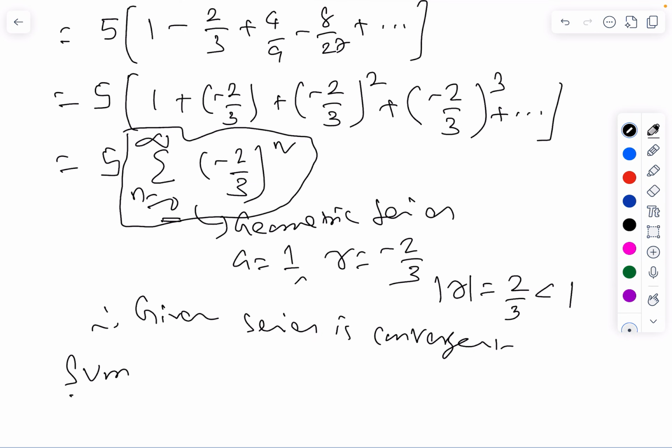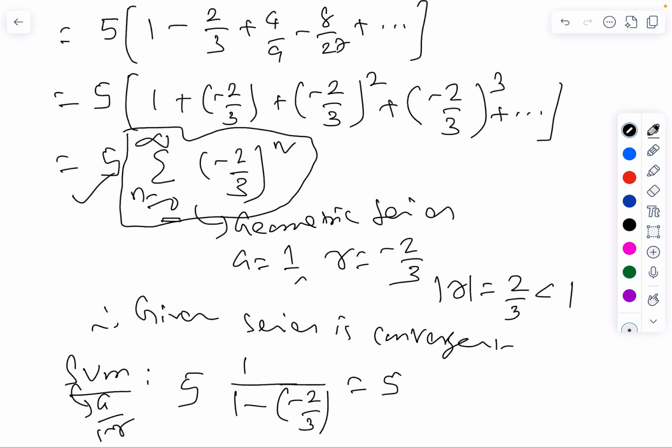So you can find now the sum also. And sum is what? 5 is there. a upon 1 minus r. So a is 1 and r is minus 2 by 3. Okay. So this is equal to 5 times 1 over 1 plus 2 by 3. So 3 plus 2 is 5, 5 cancels and this will be 3.